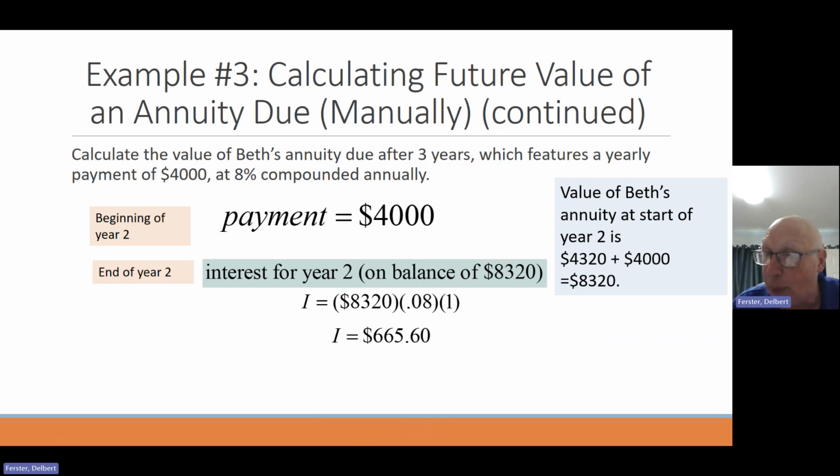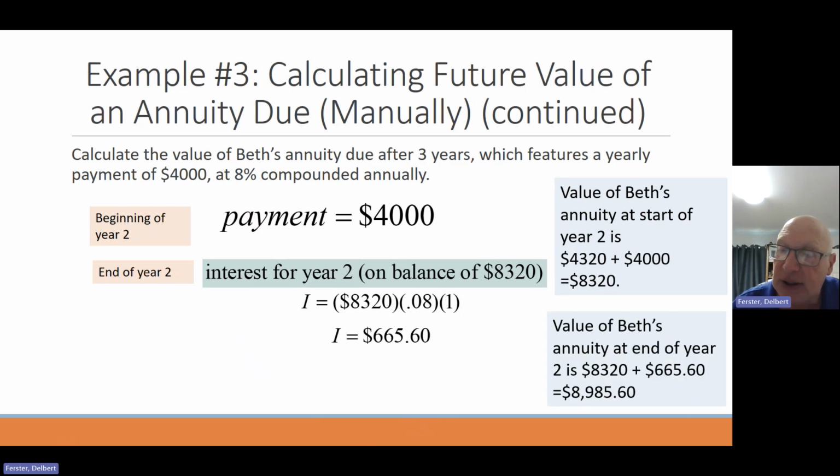Well, it's going to be the $8,320 plus the $665.60. So at the end of year 2, carrying out Beth's balance, $8,985.60. So it was the balance that she had at the beginning of year 2 plus the interest that she accrued for year 2.